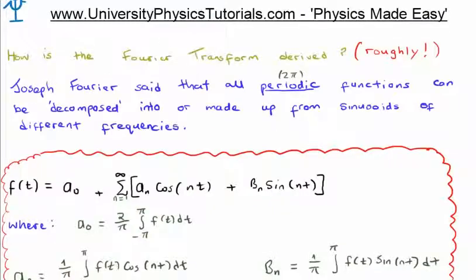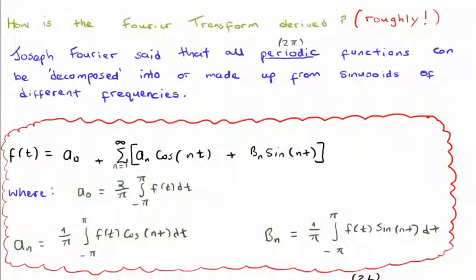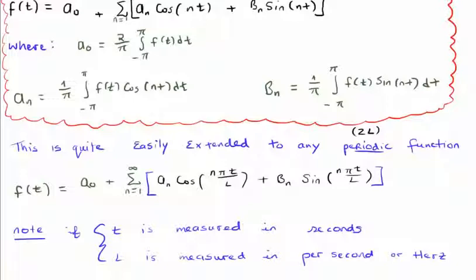Next, I'd like to very quickly illustrate how we derive the Fourier transform. Joseph Fourier showed that all 2 pi periodic functions have a Fourier transform which is given by the following equations. This concept is easily extended to periodic functions of period twice L, as done by this particular equation.